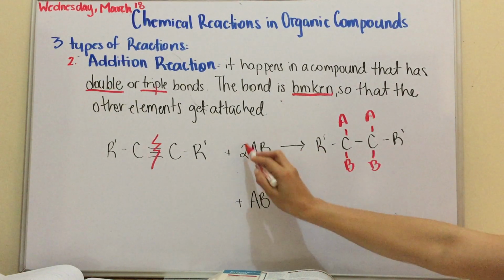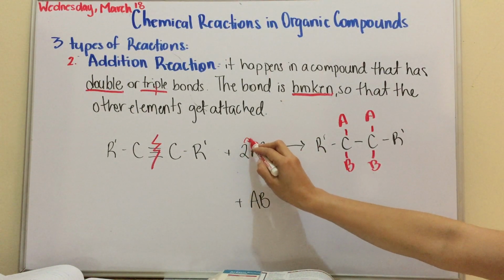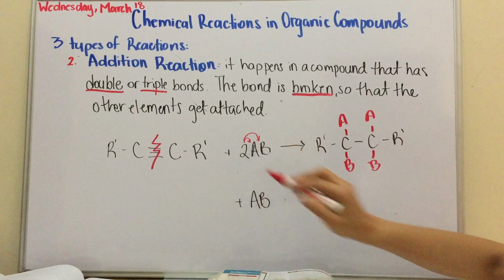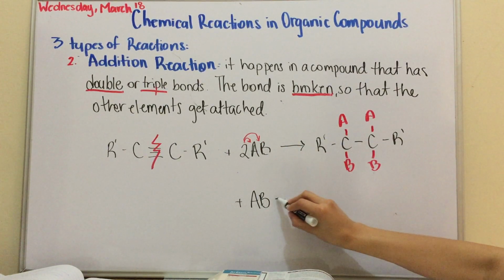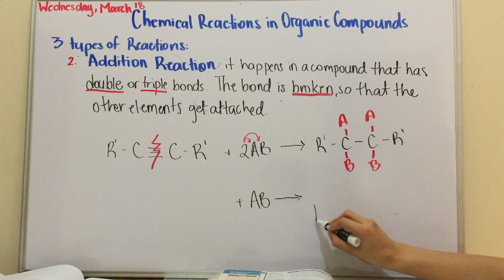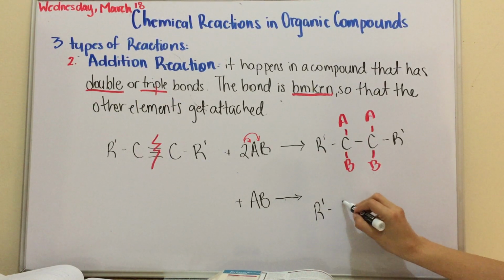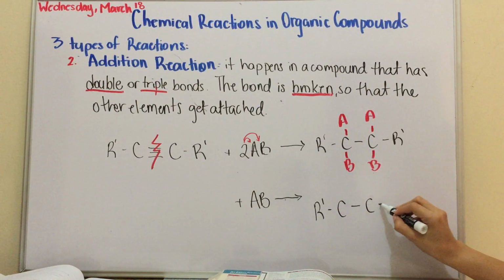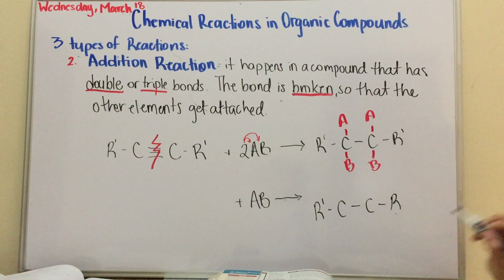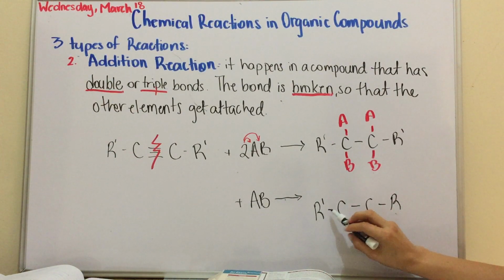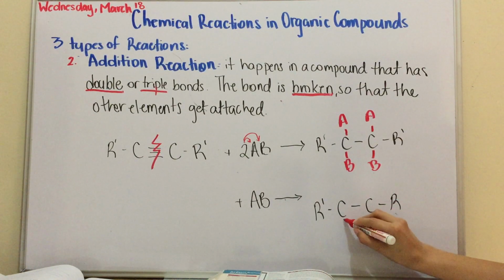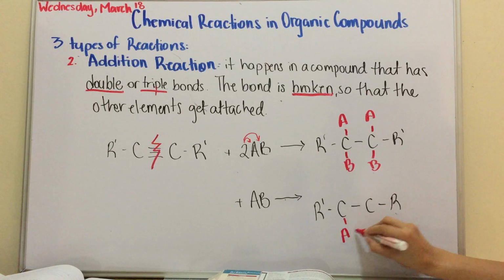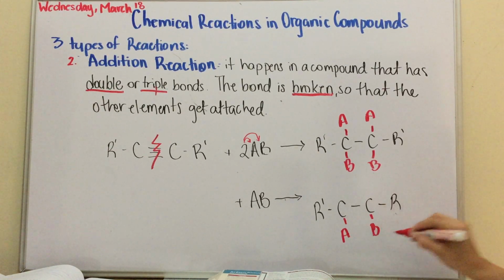This is in case I'm adding 2, because remember the 2 is going to affect the A and the 2 is going to affect the B. In the case that I'm just adding AB, the answer would be this one: R, carbon, bond, carbon, R. 1, 2, 1, 2. I'm just missing one bond for each because I just want to add A and I want to add B.